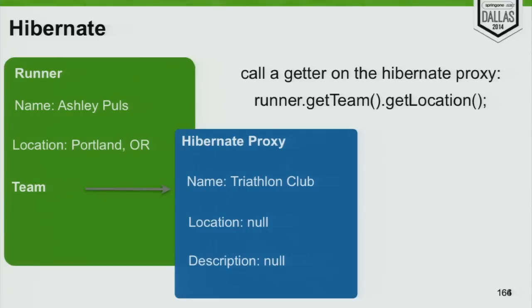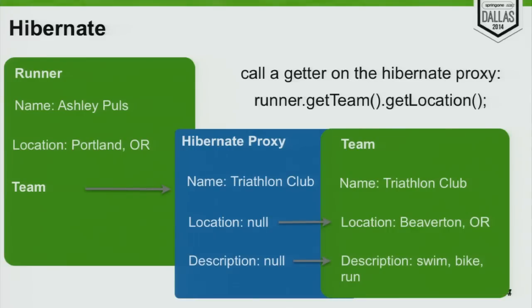And so how do we load the data? Well, we call something like runner.getTeam().getLocation(), and then it loads that team information, and we have access to it. Sometimes you get null pointers when you try to access the fields off the proxy, because those actually still are null.